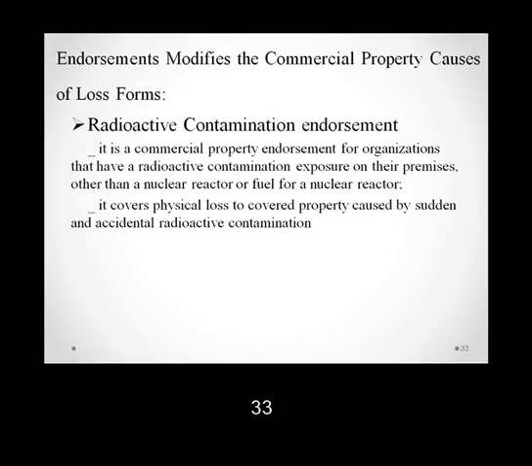The radioactive contamination endorsement is not the nuclear hazard endorsement. So nuclear hazard is not covered anywhere in commercial property because the consequence of nuclear hazard would be catastrophic. However, radioactive contamination is only a small range of loss, and that is why it could be covered.